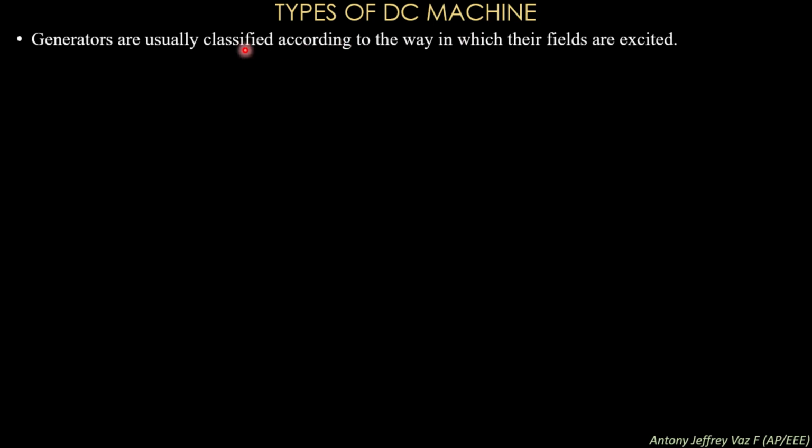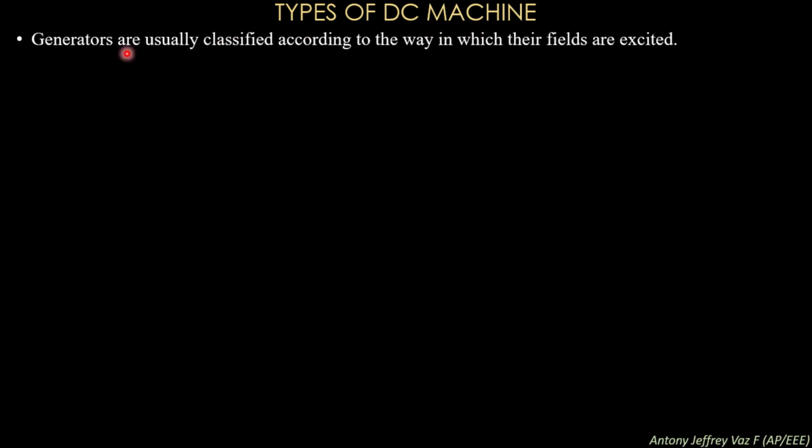Next we are going to see the types of DC machines. Generators are usually classified according to the way in which their fields are excited. Here the machines represent a generator or a motor. Both are the same. DC machine represents both motor and generator.